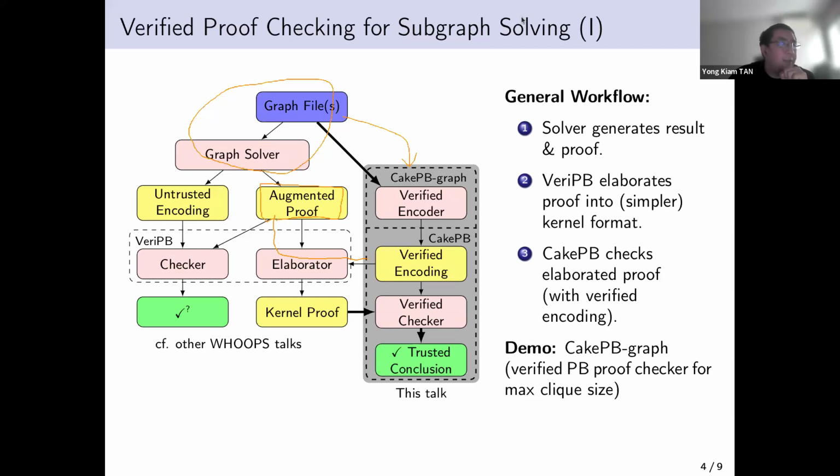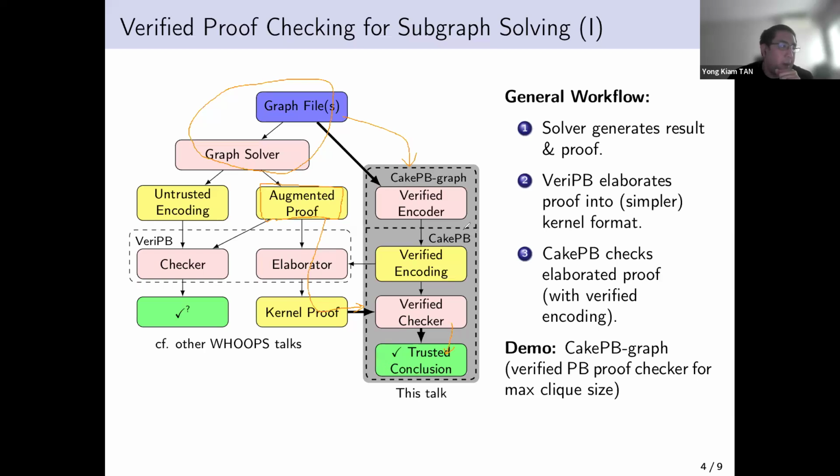Sorry, I drew it a bit too fast. It goes into CakePB and comes out as a kernel or simplified proof format that also goes into the verified proof checker. And together, the proof checker is able to then give a conclusion about, for example, whatever the graph solver decided about the input graph problem, right?